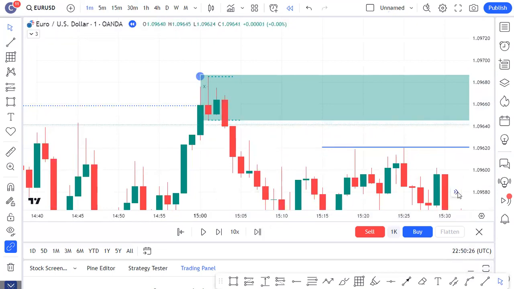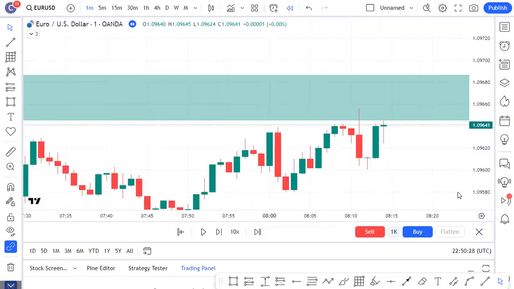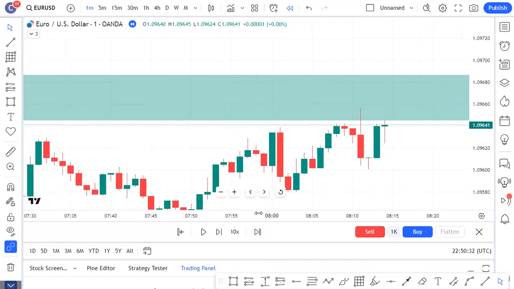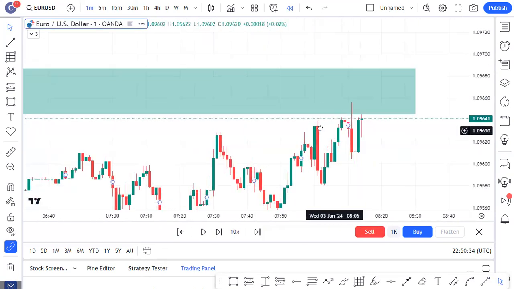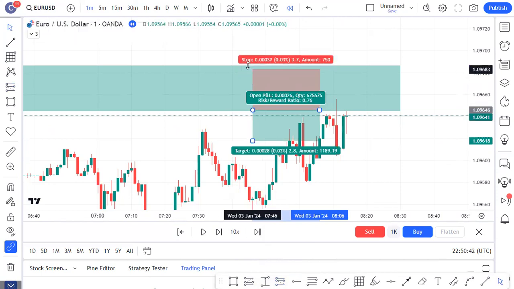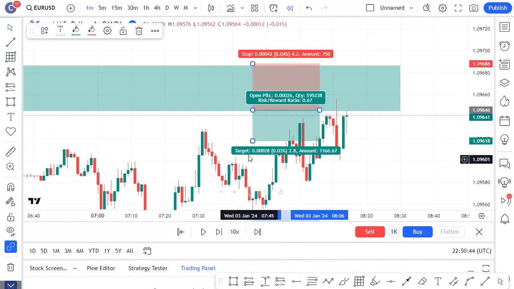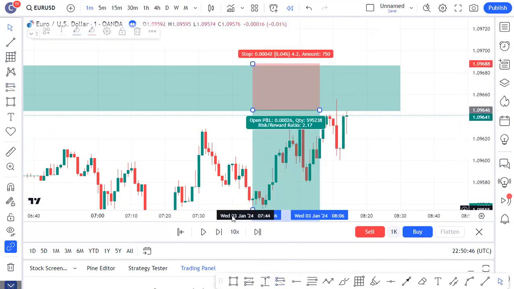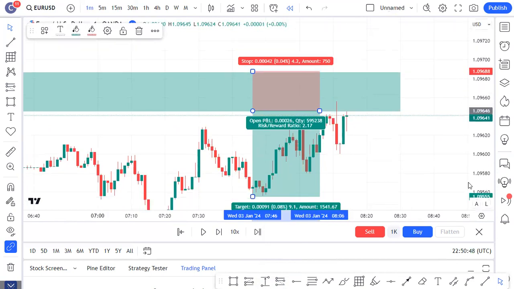So whenever the market is tapping on my zone and I have only one order block, then I'll use it as a first entry. First entry will have my order block here, just a sell limit. My stop loss just above the zone, and I'll target the 15 minutes low.